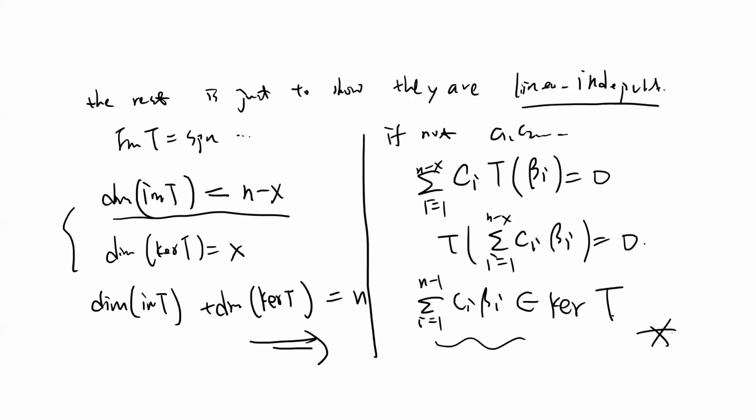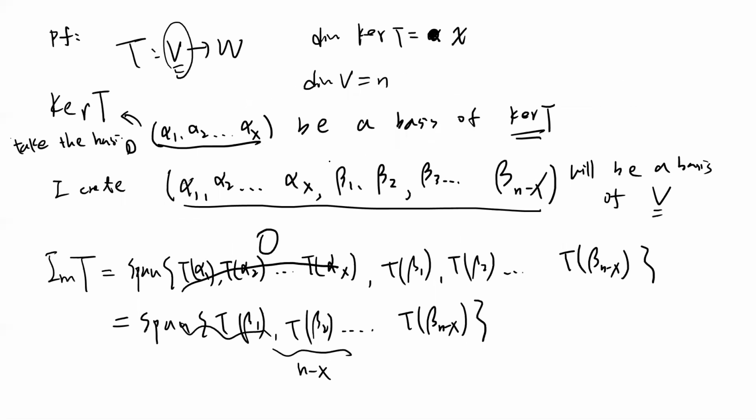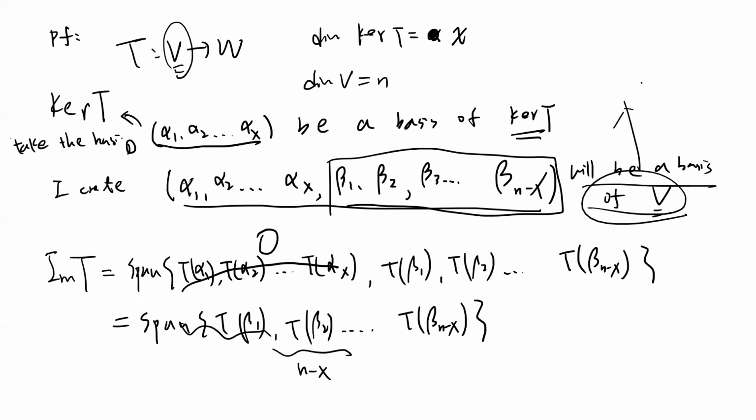Which is a contradiction. The reason is that by my construction, all of these should be a basis of V, and the basis has n elements, so they should all be linearly independent.